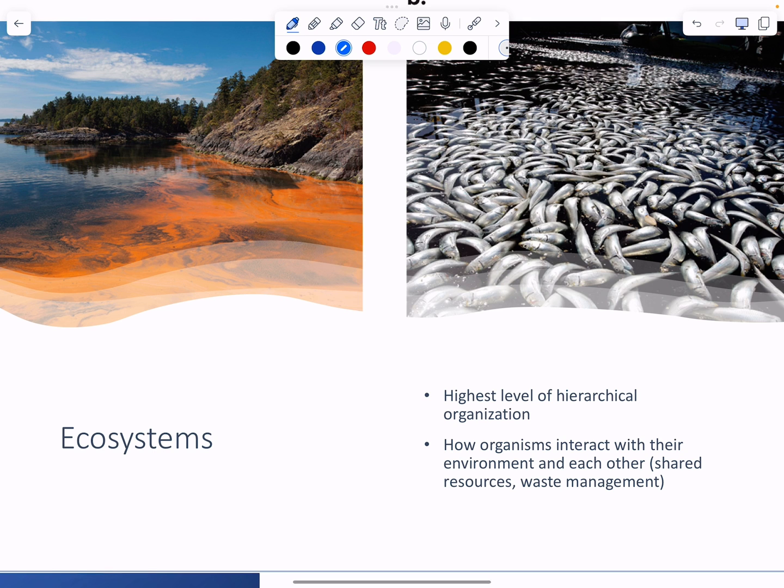So again, in biology, the highest level of organization is ecosystems. An organism's responses to its environment that happen on the individual level can, when you add them up in communities of organisms, result in these macroscopic features that we see. For example, on the right, you see a toxic algal bloom.